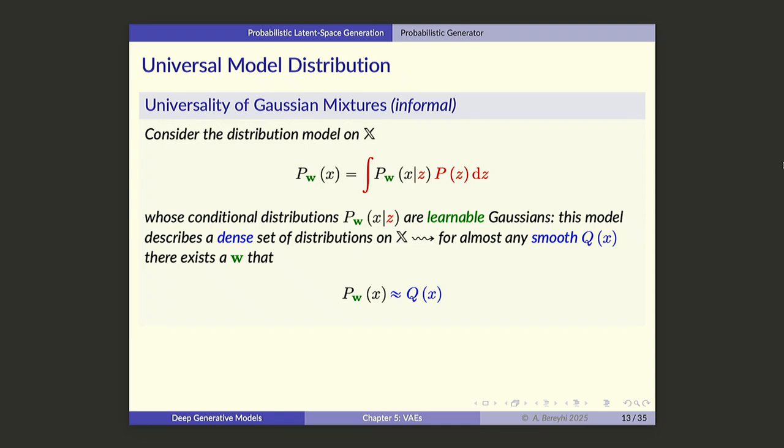So one simple thing that you can think of is that I have two Gaussians, this guy and this guy, and these are the conditionals. And then I have this distribution as PZ. At the end of the day, the weights are these two. These are the weights that I am going to add these guys with.